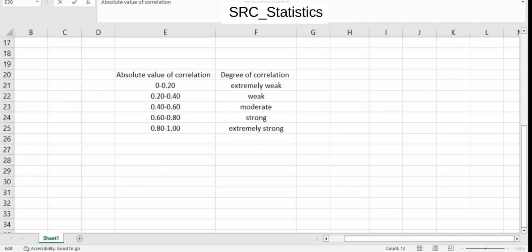This is the chart for degree of correlation. Here in the left side of the table we have absolute value of correlation.